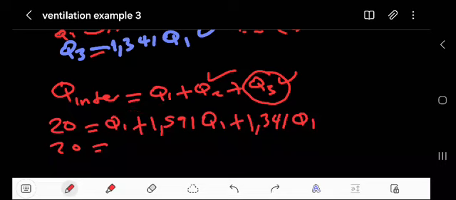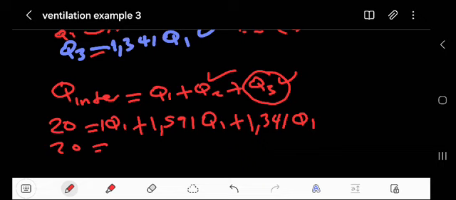This is simply 1 plus 1.591 plus 1.341. You just add them.